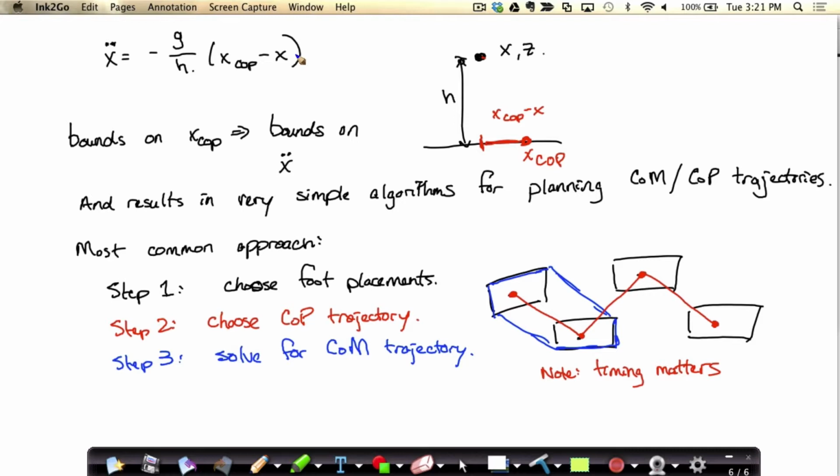But we know some control, so we can do better. Okay? This is a linear, second order differential equation. I can not only solve this, but even if you give me an unsatisfiable center of pressure, I can even design a feedback controller for it. Okay, so let's just see how that plays out.